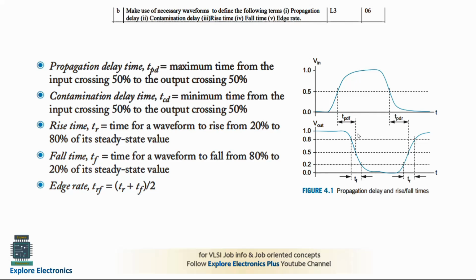Suppose if you take 1 volt as the maximum value, it will reach 0.2 volts to 0.8 volts. What is the time it is going to take to reach that value is rise time. Similarly, falling from 0.8 to 0.2 will be taken as fall time. And the next thing is edge rate. Edge rate in the sense it is adding the rise time as well as fall time and taking the average of that divided by 2 is edge rate.